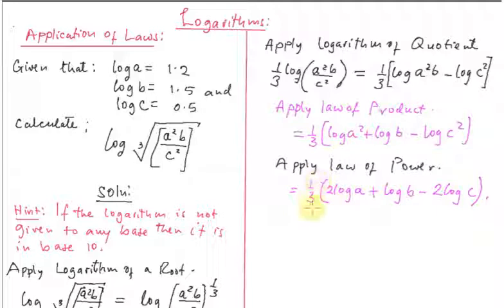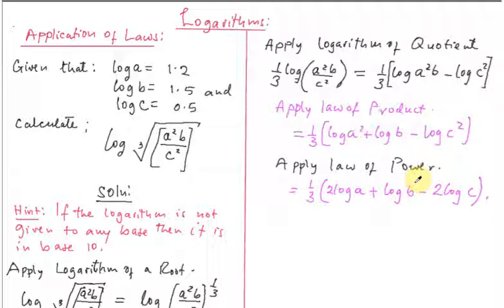This is going to be 1 over 3, and this 2 here will go down here, and this 2 here will go down here. It is very important that you apply every law when it is appropriate, so that it helps you to simplify things.